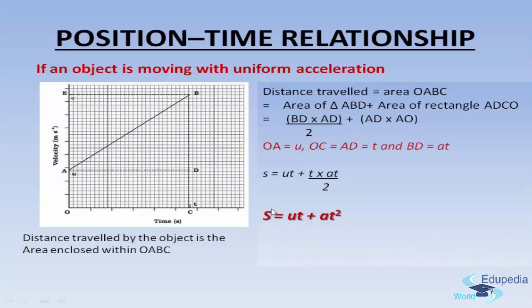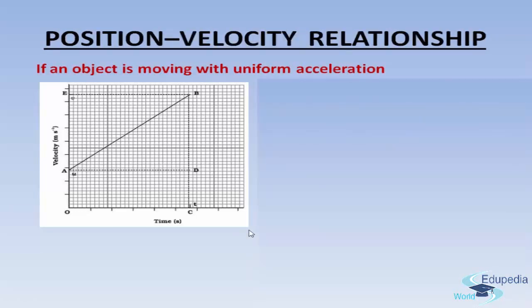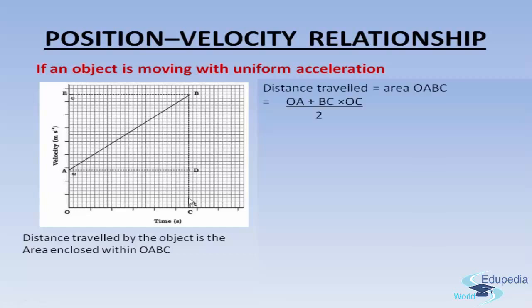S is the position. Now, the position velocity relationship. So we are now going to determine the third equation of motion, again by considering the same graph. What we do here is consider the same area, because this is the distance traveled by the object, and that will be equal to the area of the entire trapezium OABC, right?